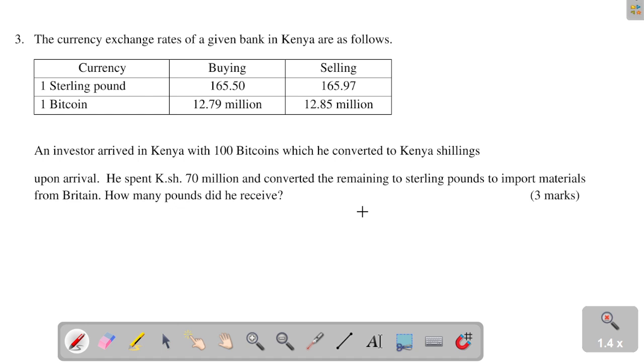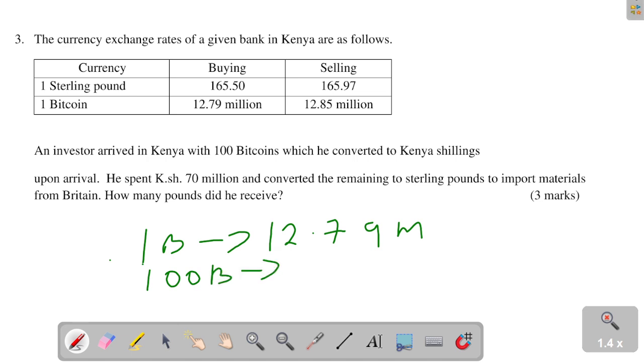So we are going now to have it as 1 Bitcoin. So we will have it as B. 1B is equivalent to 12.79 million. But now what about 100 Bitcoins?